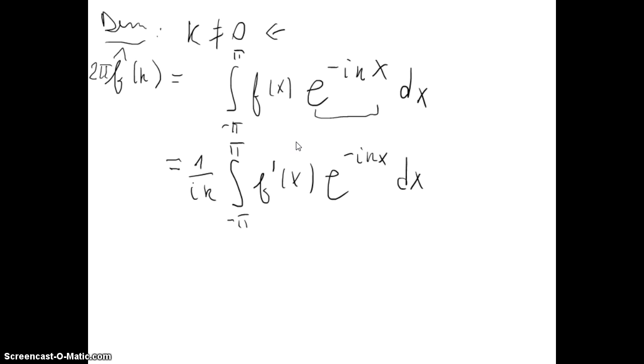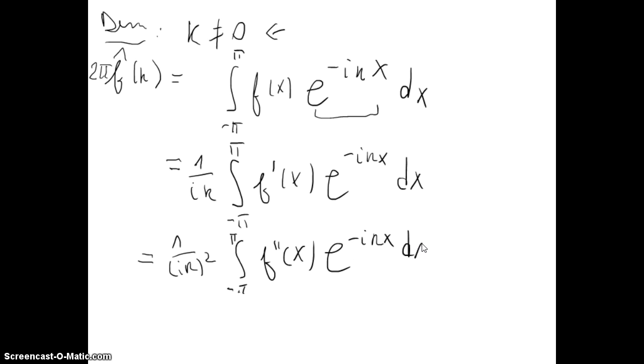So after doing integration by parts, we will have this. If we apply it again, we will have 1 over (ik) squared times the integral from minus pi to pi of f double prime e^(-ikx) dx. So this is after doing integration by parts two times.